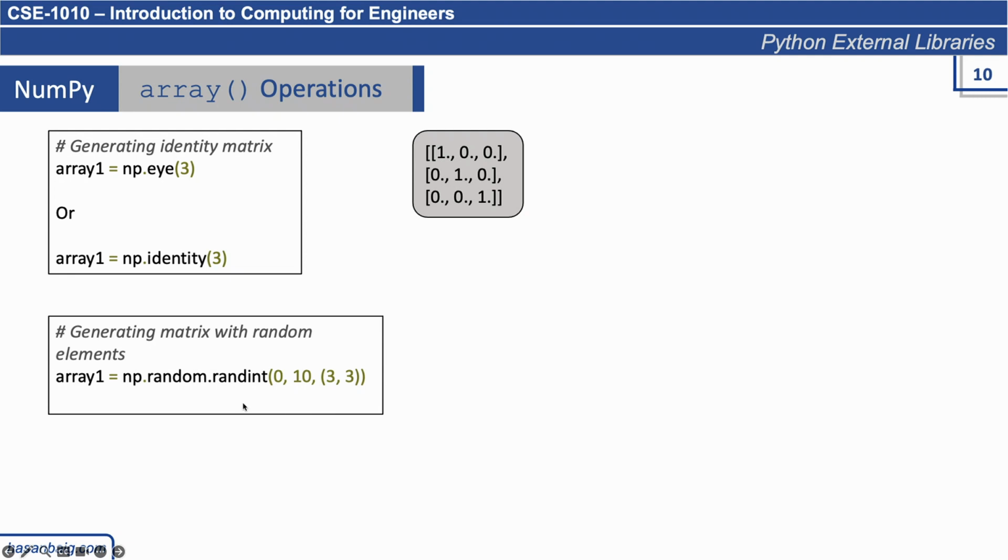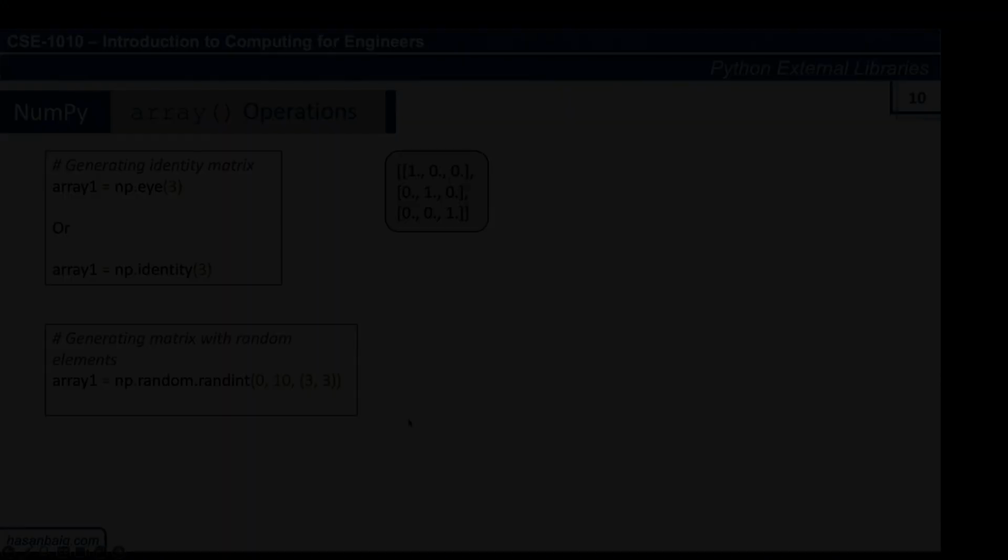Okay, and here you can also generate a matrix containing random elements. So random elements between 0 to 10 and how many rows and columns you want. So let's see this.